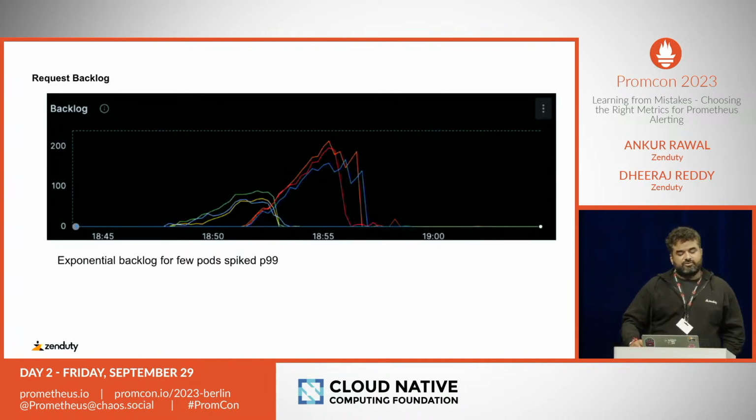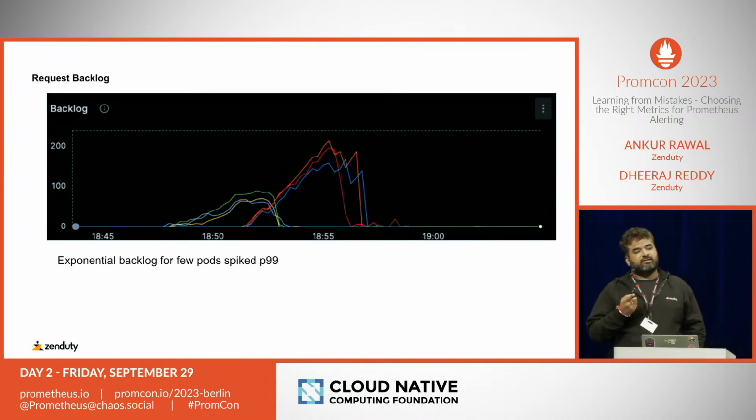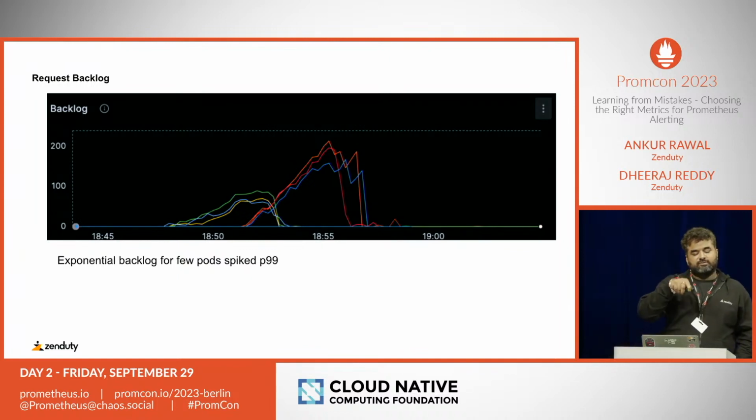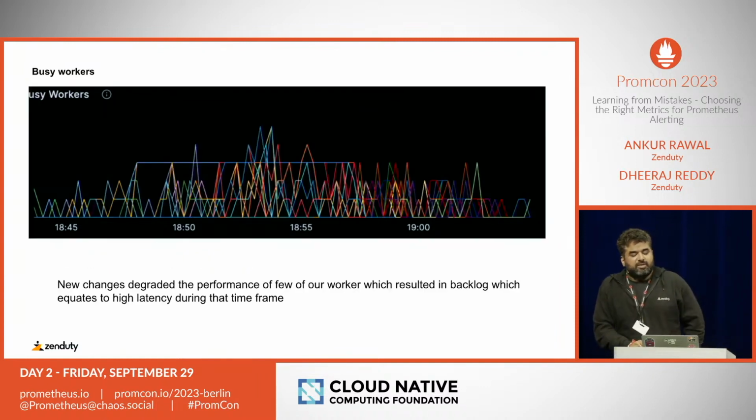The other metric you see, a request backlog, could actually backfire like that. For the spike in a certain time frame, when we started debugging the above case, we found out that it was because of the backlog and not related to anything else. A busy worker would lead to this.